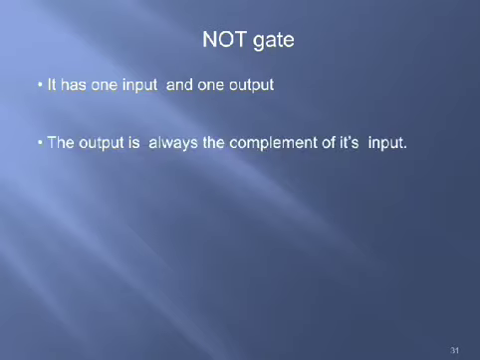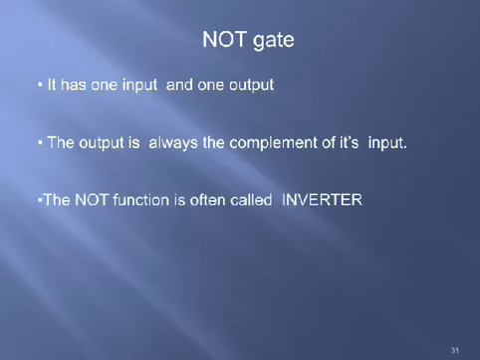Next we will see something about the NOT gate. The NOT gate has only one input and correspondingly it will be producing one output. The output is always the complement of its input. So the NOT function is often called an inverter, negation, complement, or NOT.